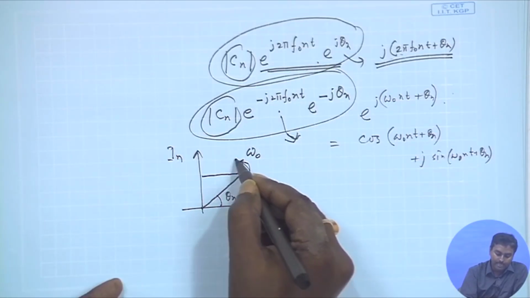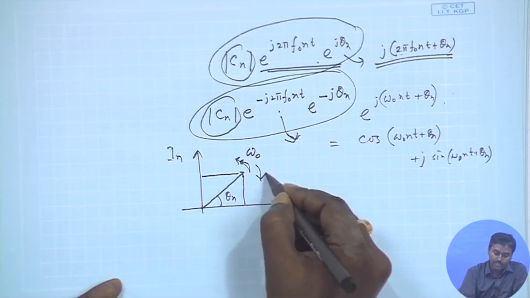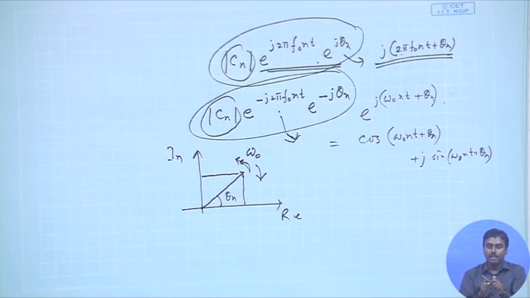If one rotates on this side, the other rotates on that side. So, the positive phasor is rotating in the anti-clockwise direction, and the negative phasor is rotating in the clockwise direction. The clockwise rotating phasor gives us the negative frequency.